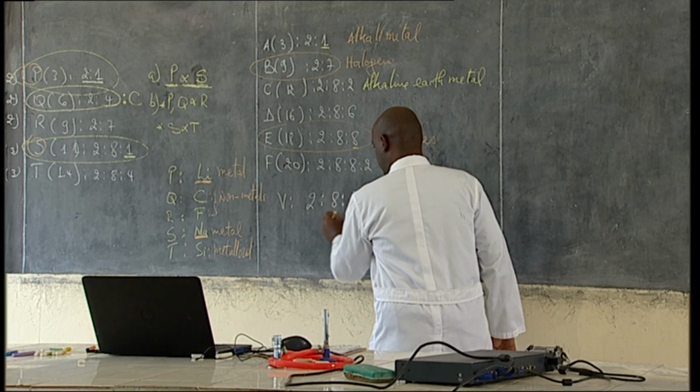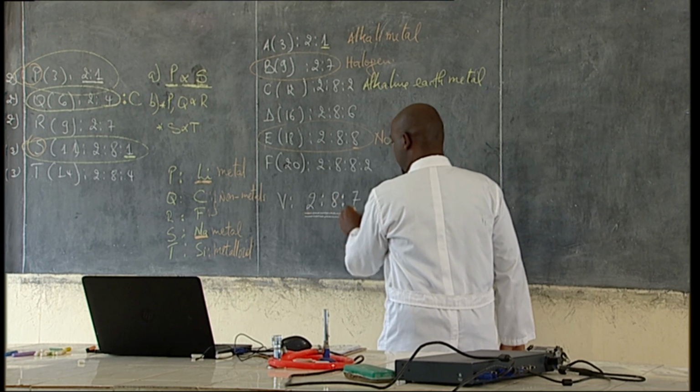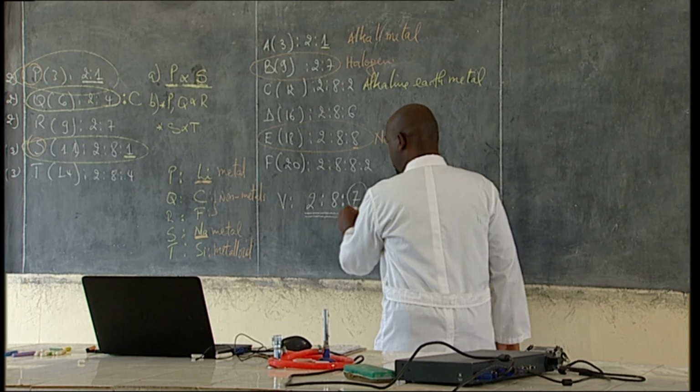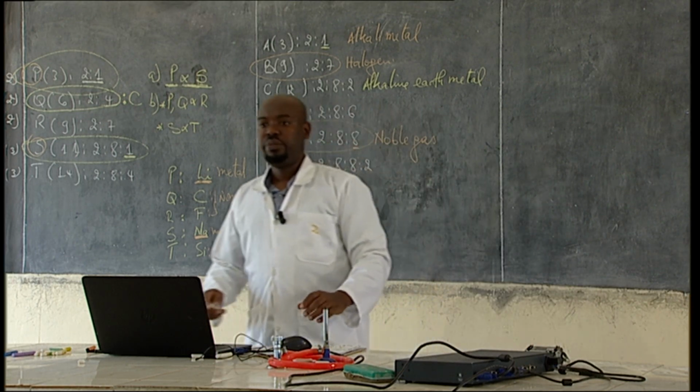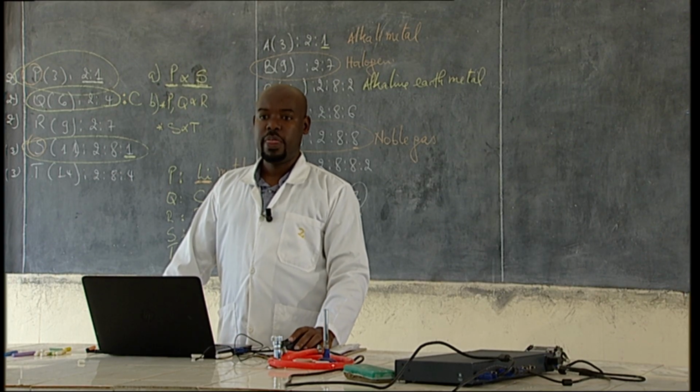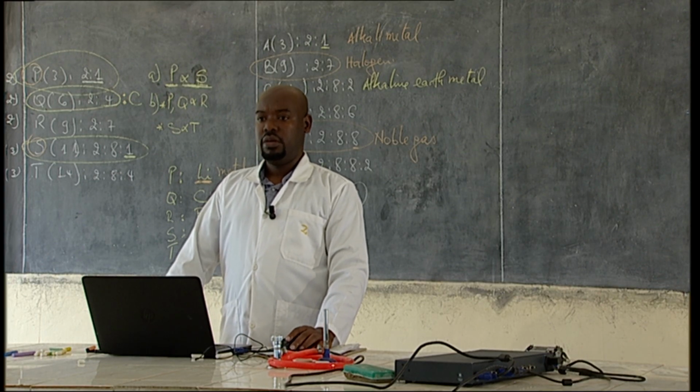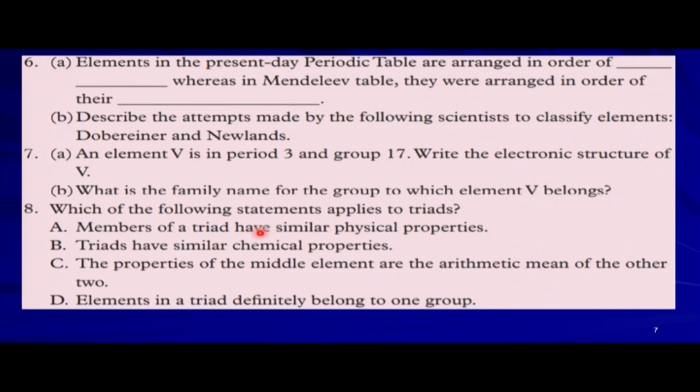So the electronic configuration is this. 7 shows the group, and these 3 sets show the period. What is the family name for group 7? It is the halogens.